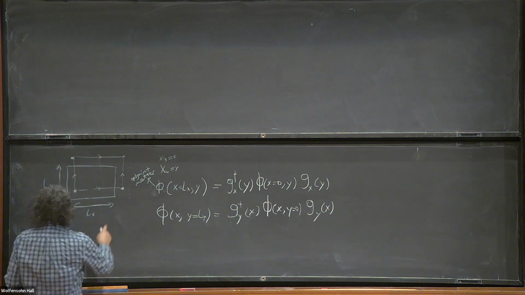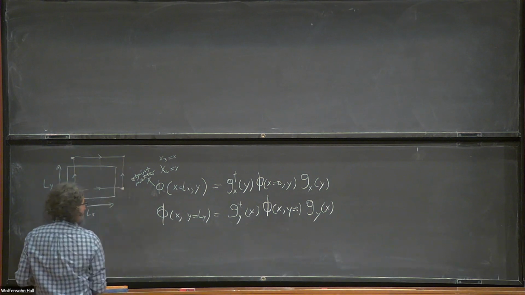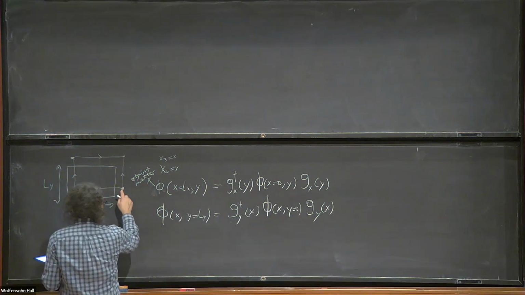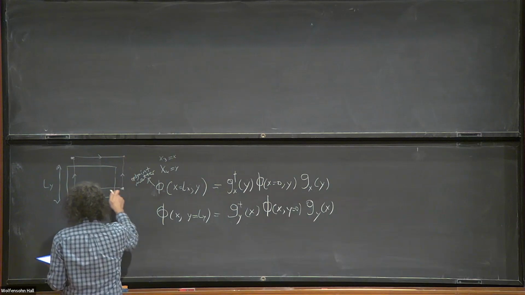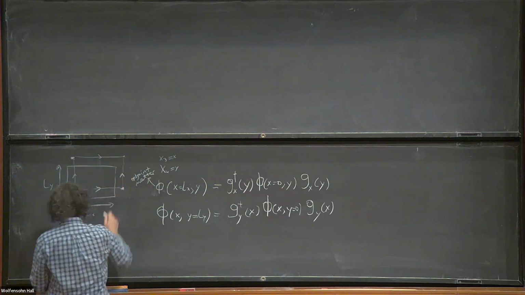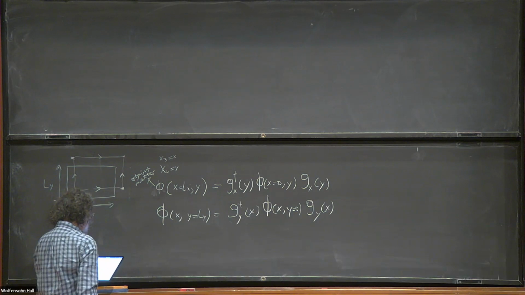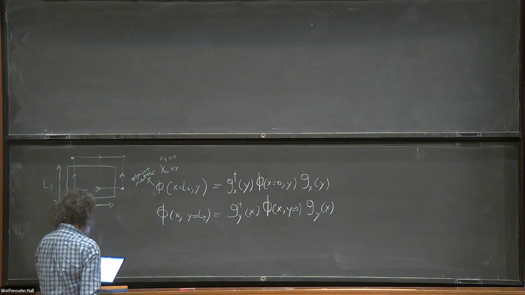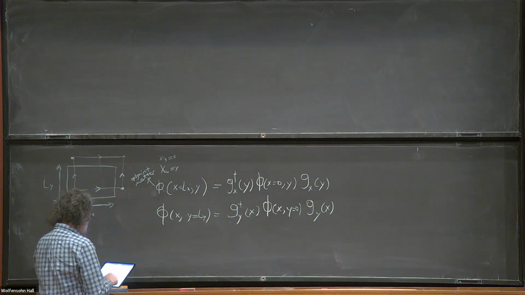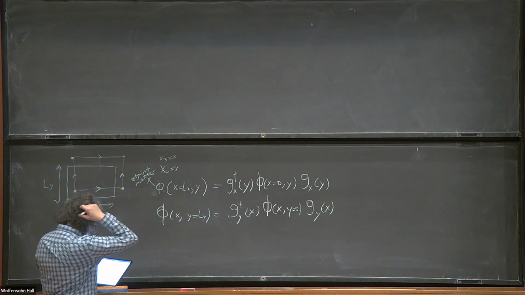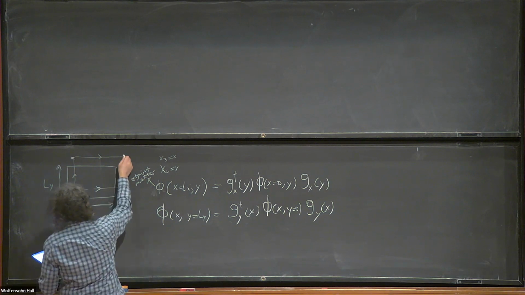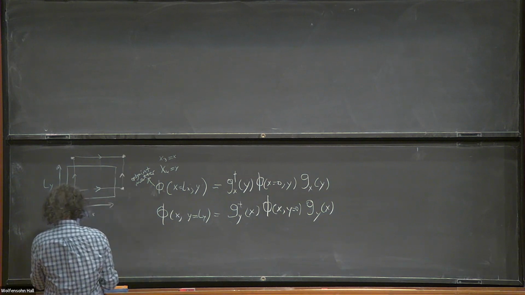Now you can reach this corner via these two paths. Let me go something more explicit. So at this corner, you end up with the following situation.